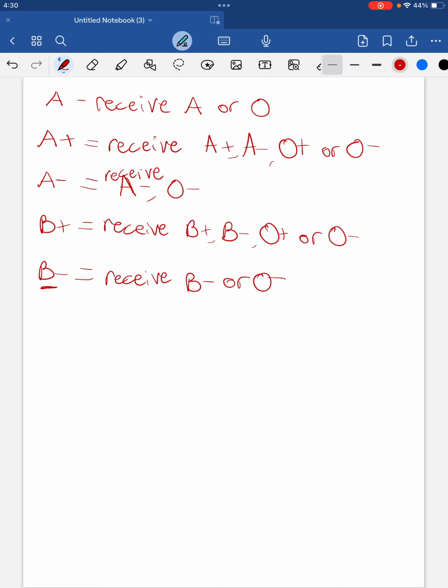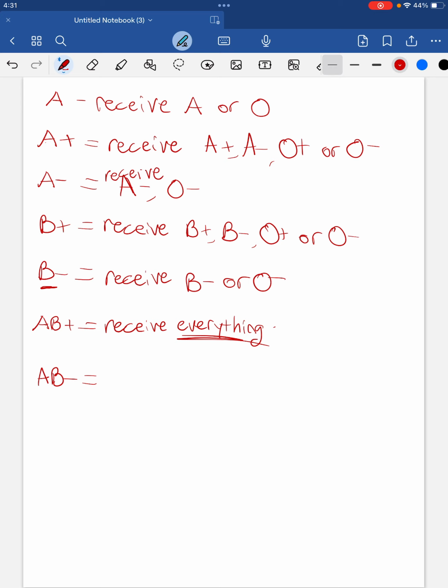Type AB positive and AB negative. AB positive is the universal acceptor. It has everything. It has A antigens, B antigens, Rh antigens, so it's not going to make antibodies against any of those. It can receive every blood type.